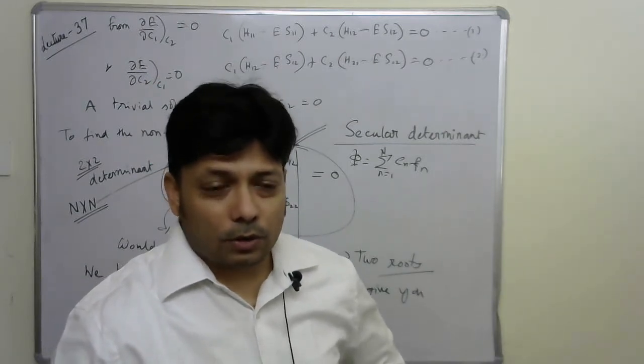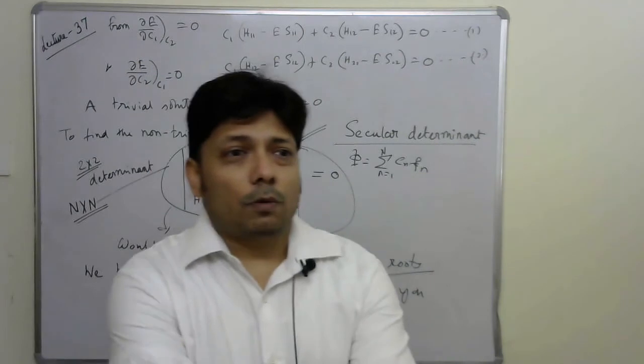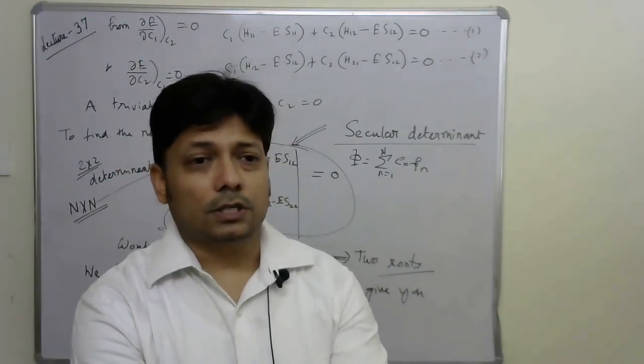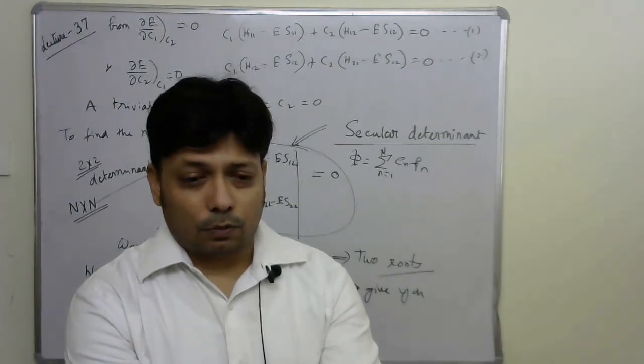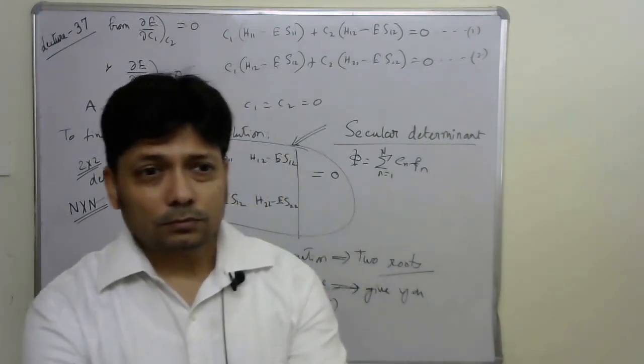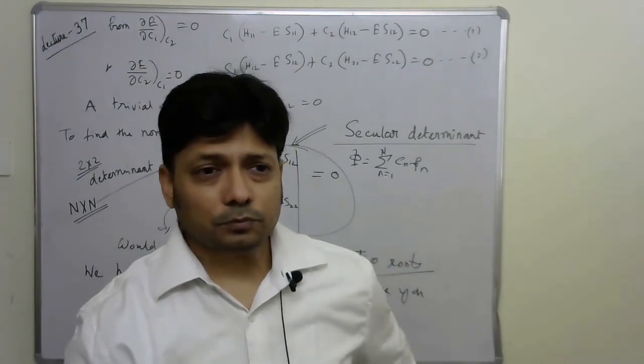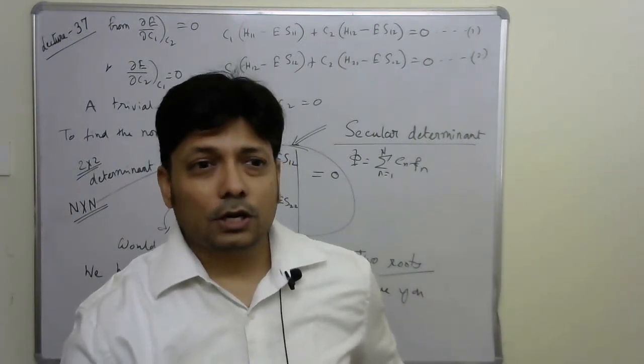So in the next lecture, which will be our last lecture from this approximation method chapter, we will deal with one or two regular examples involving secular determinant.